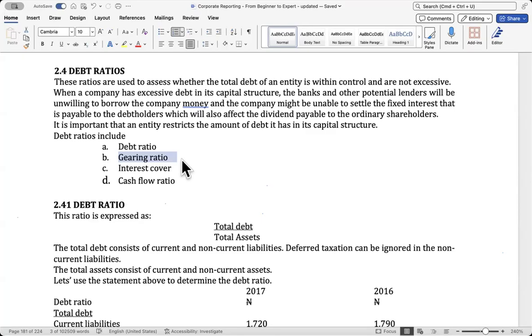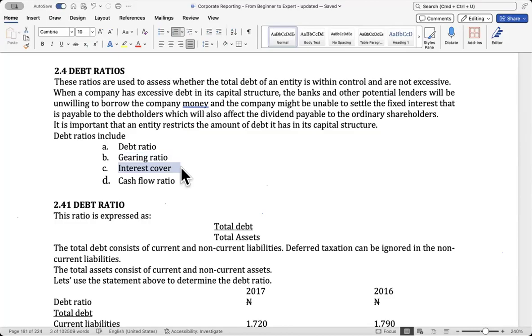And when you want to know whether highly geared is bad or good for you, then look into your interest cover, because interest cover will show you the strength of your profits, particularly the PBIT, to actually cover your interest. It will show the ability of your profit before interest and tax to cover your interest.